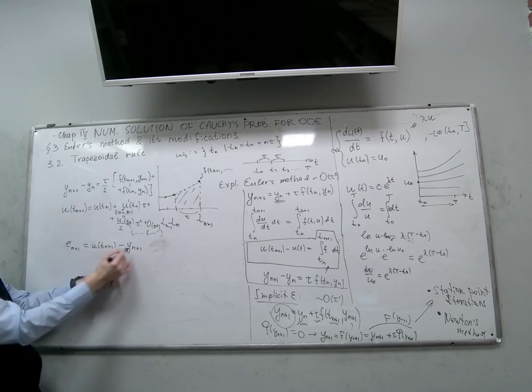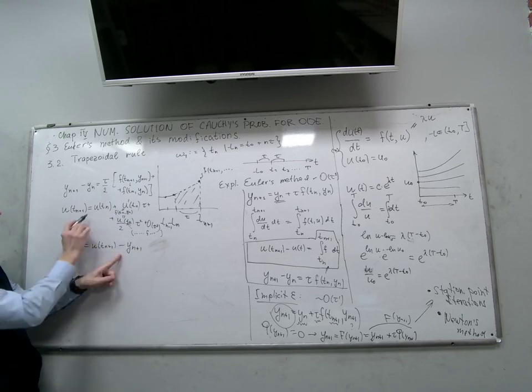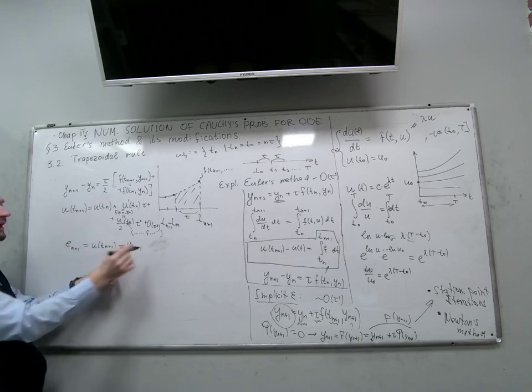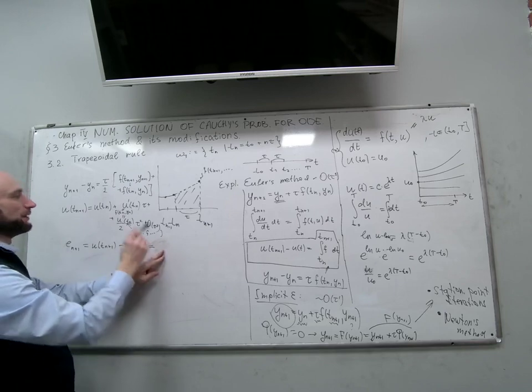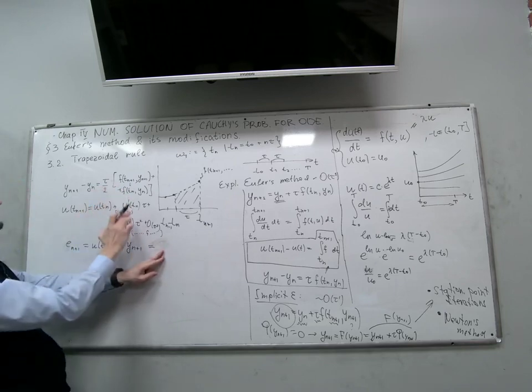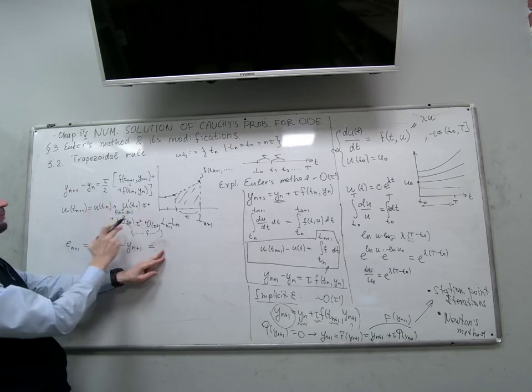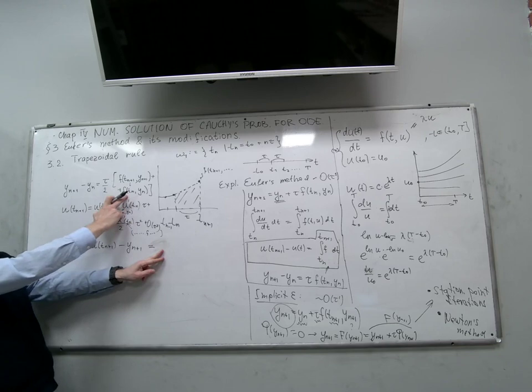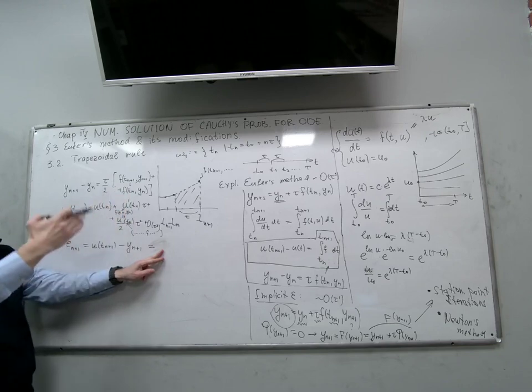Then we subtract the approximate solution from the exact solution, and we find that some of the components of this expansion are exactly reproduced by this formula, to some order.